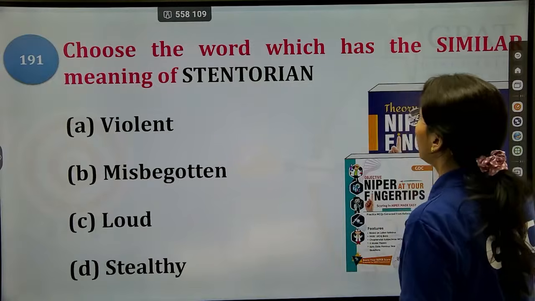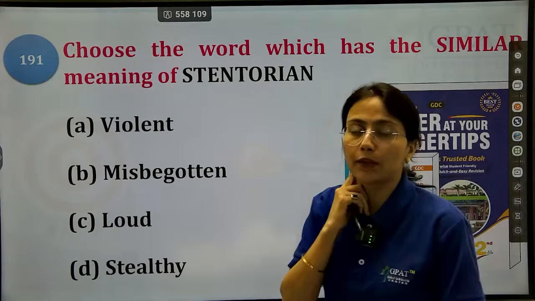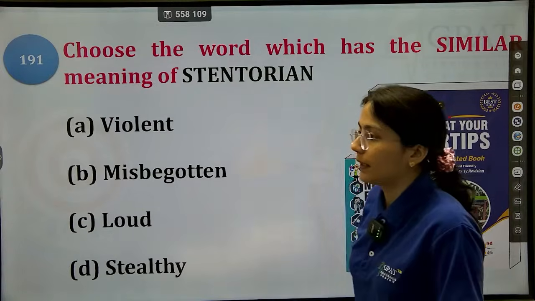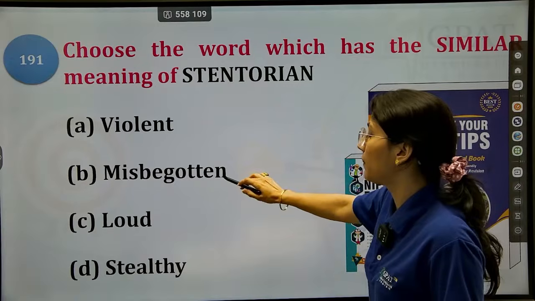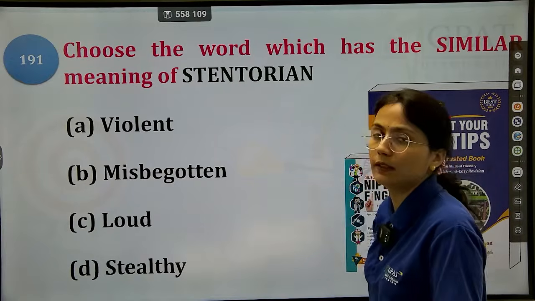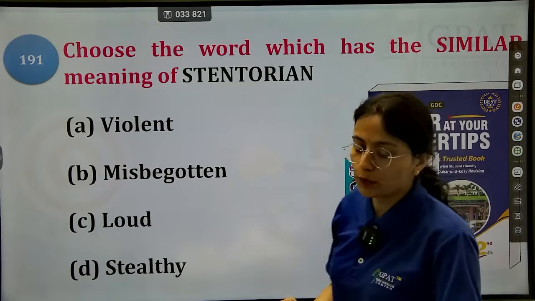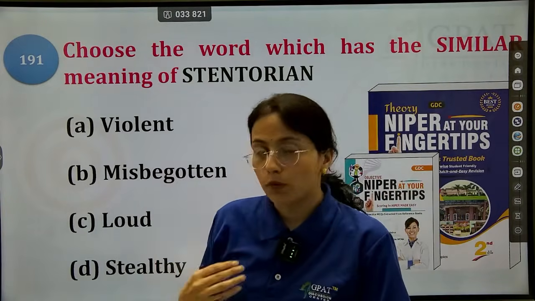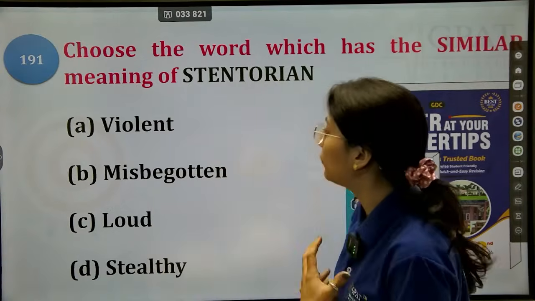Choose the word which has the similar meaning of stentorian. Violent, misbegotten, loud, stately. Stentorian is an adjective used to describe a voice or sound that is extremely loud, powerful and booming.